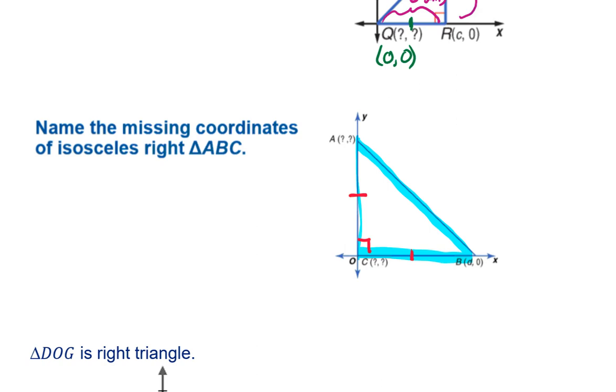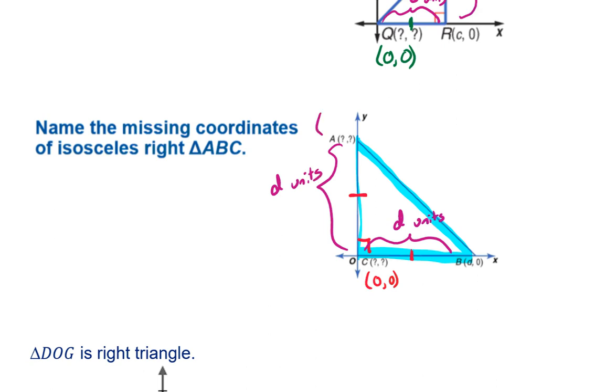Well, C is placed at the origin, so C is at 0, 0. B is at the coordinates I'm told of D, 0. So what that means for me is this distance is D units. So if D was 7, that's 7 units. But because AC is congruent to BC, this must also be D units.